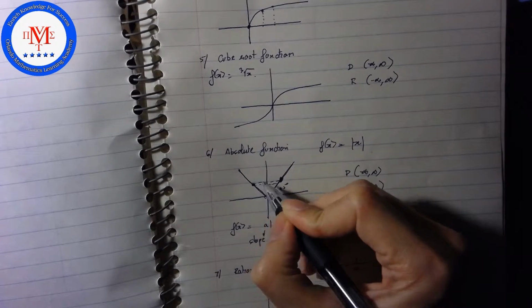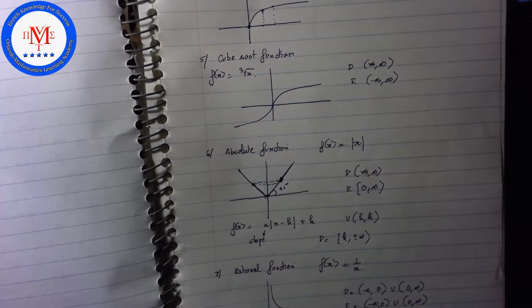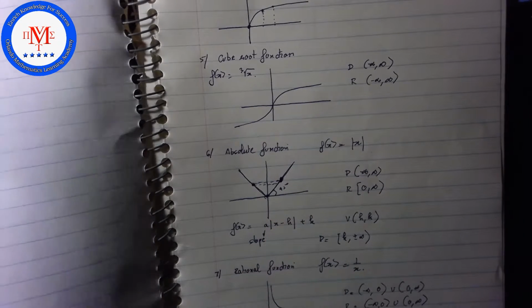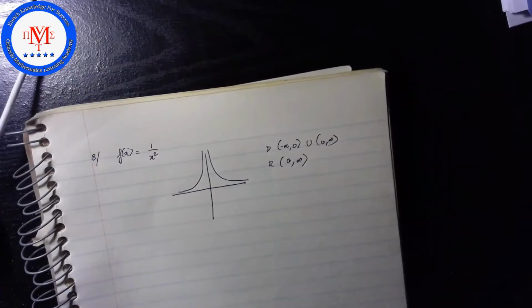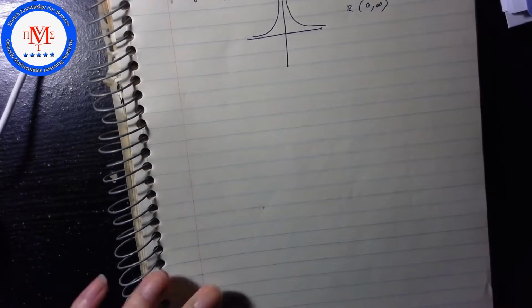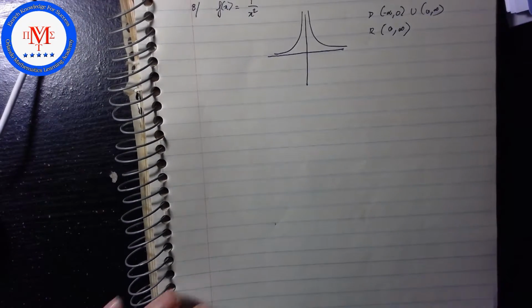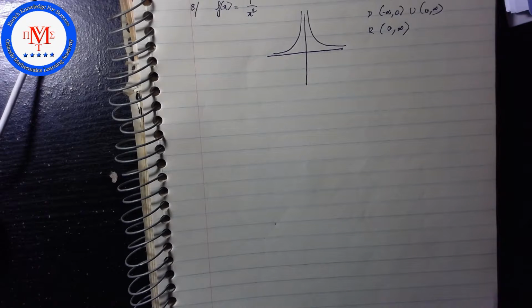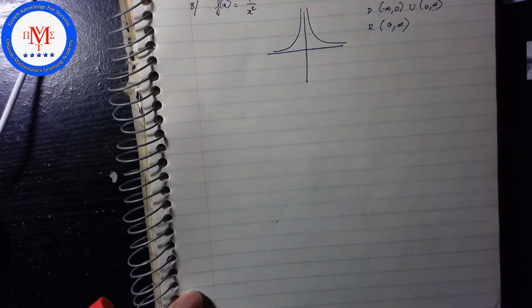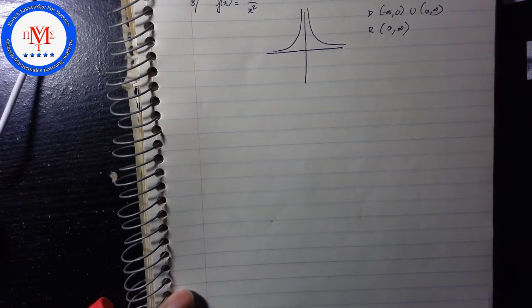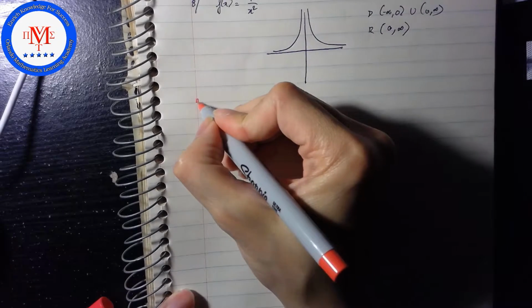So by being symmetric about the origin or symmetric about the y-axis, we have the concept called even and odd function. Number 2, even and odd functions.